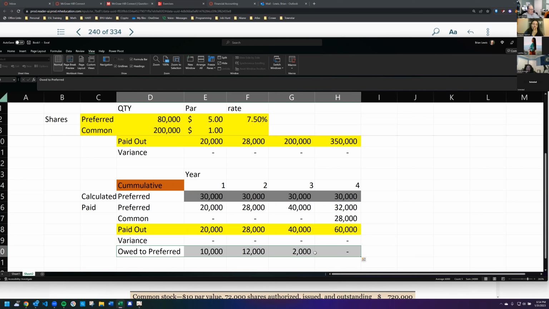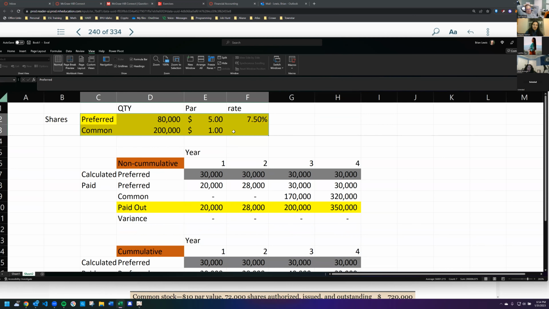Will that percentage change every year, or will that always be the same? It should be the same. To make the calculations. Yeah, more than likely, this is the type of information they'll give you, like what I have highlighted.